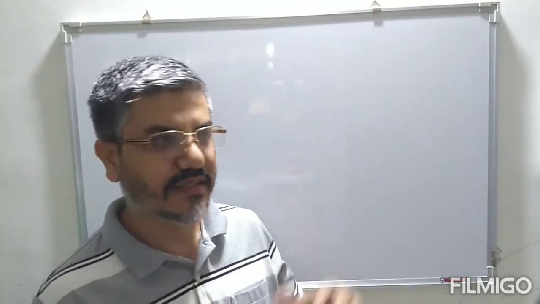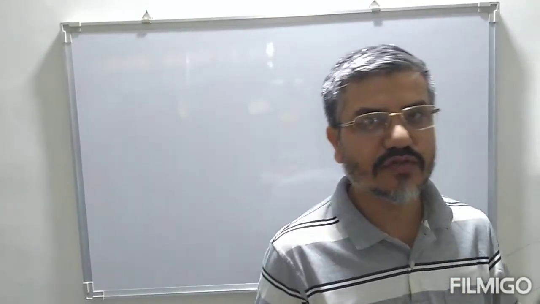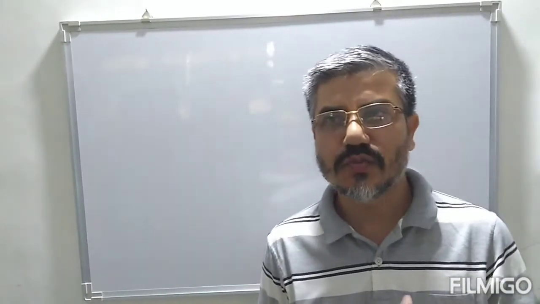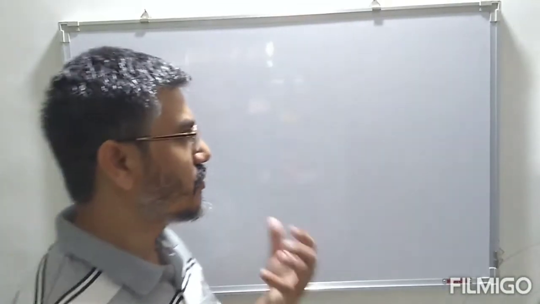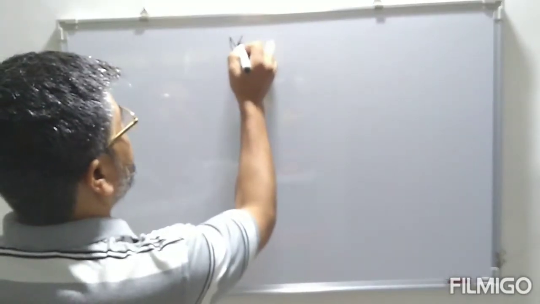We do not use the concept of mole for counting objects which can be seen with naked eyes. It is meant for atoms, molecules, electrons, protons, neutrons, and subatomic particles which cannot be observed with naked eyes. So we have a term, that is mole.